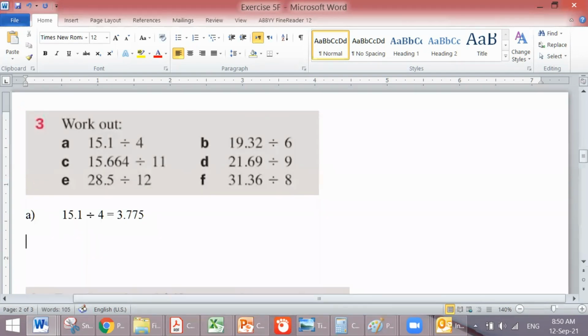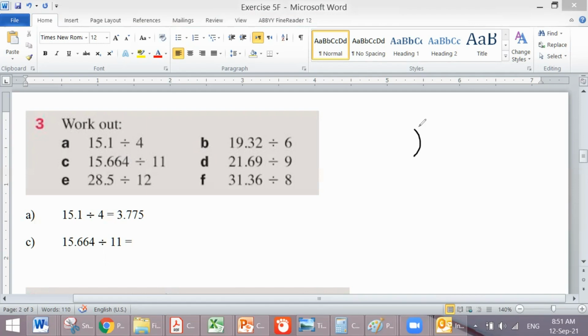Part C now I will do. C part, 15.664 divided by 11. So I will now solve it here because there will be more space. 15.664 and divide it by 11.